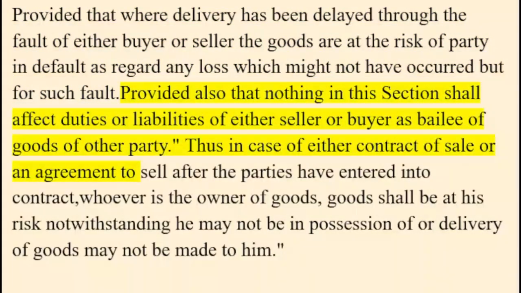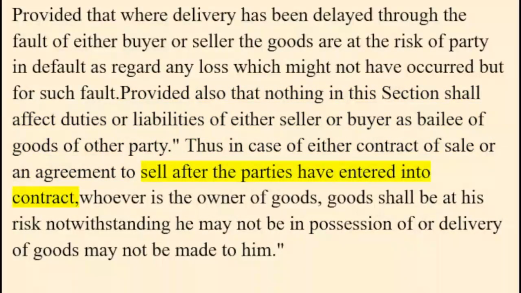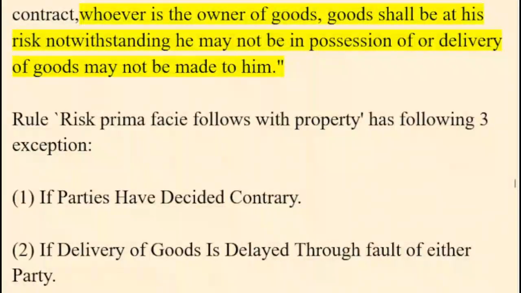Provided also that nothing in this section shall affect the duties or liabilities of either seller or buyer as bailee of the goods of the other party. Thus, in case of either a contract of sale or an agreement to sell, after the parties have entered into the contract, whoever is the owner of the goods shall bear the risk, notwithstanding he may not be in possession of the goods or delivery of goods may not be made to him.